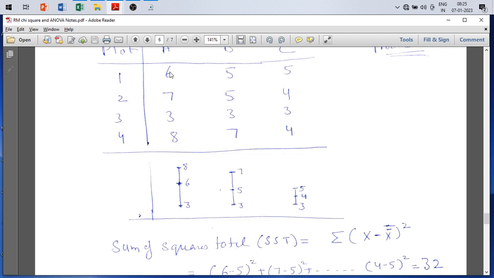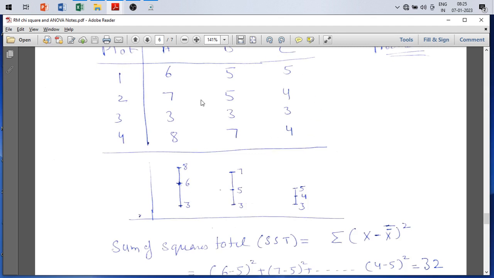Just add all of these, 6, 7, 3, 8, 5, 5, 3, 7, and so on, and divide by the number of entries. So you get the mean, and then you see the deviation. The mean turns out to be 5.